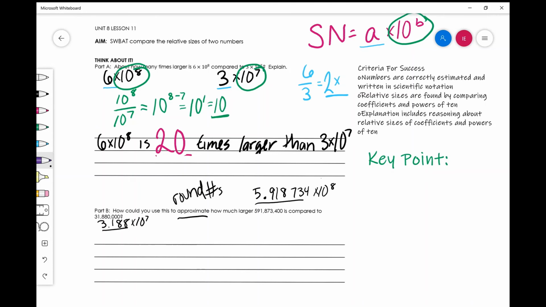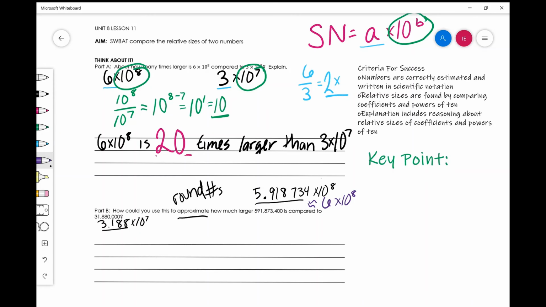So if I was to round my multiplier for my first number, I can take this 5.91 and round it to a whole number of 6. Again, keeping the magnitude the same. So now instead of 5.918734, I can just write 6 times 10 to the 8th.